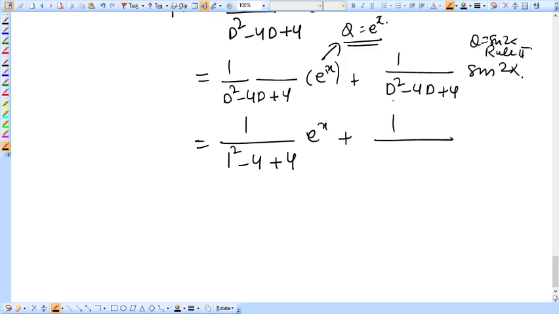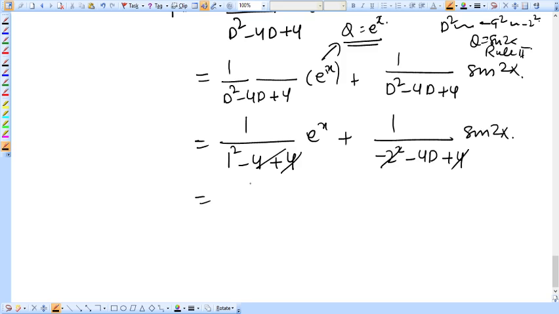And in the second we used to replace d square by minus a square, or you can say minus 2 square. So it is minus 2 square minus 4d plus 4. Minus 4 cancels with plus 4, and here you have sine 2x. So now you see we get 1 upon 1, which is equal to 1, so 1 into e^x is equal to e^x, and here we are left with minus 4d sine 2x.